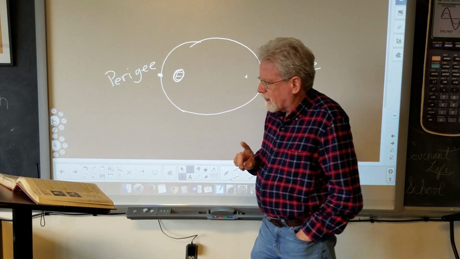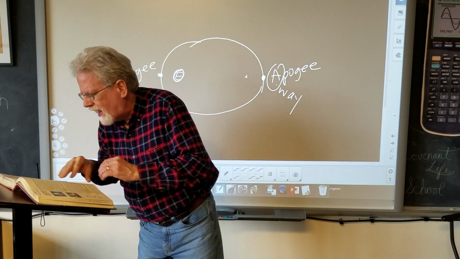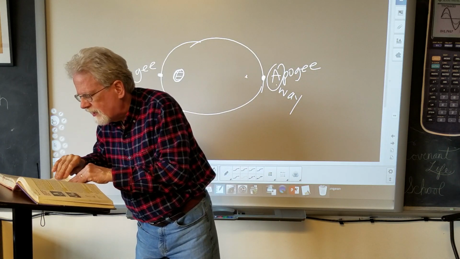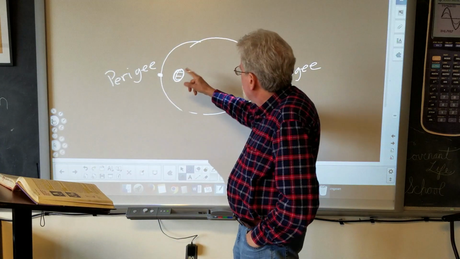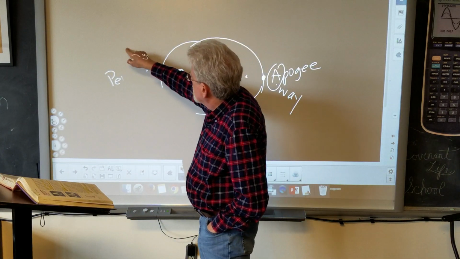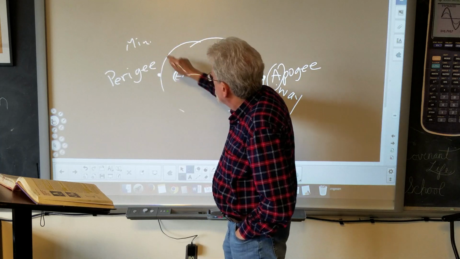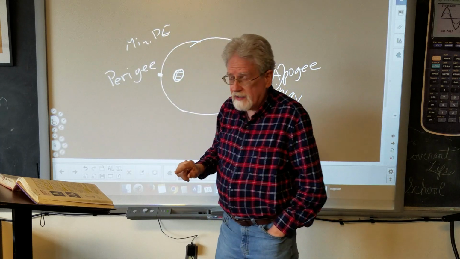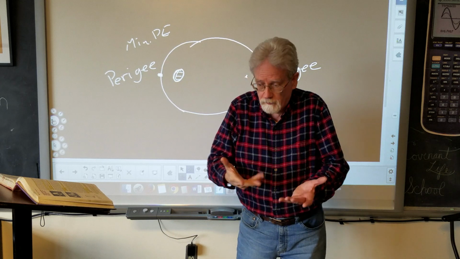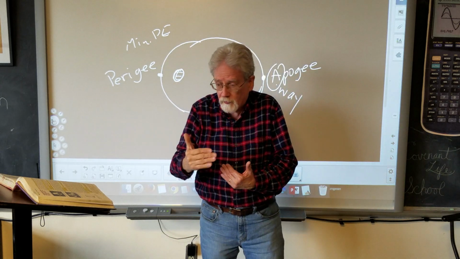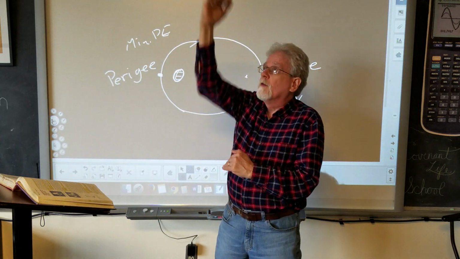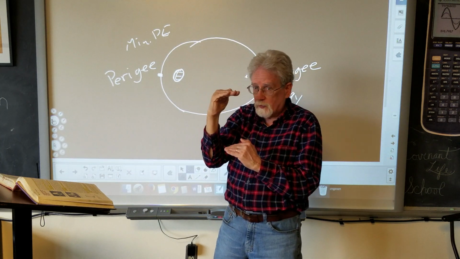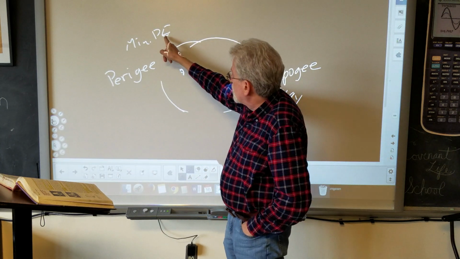At this point, as we discussed in class and as is clearly indicated for you on page 193 in the sidebar, we would have minimum potential energy. Why? Because potential energy is a function of how close it is to the Earth or how high it is. Well, here it's the closest it's going to be. The closer it is, the lower your potential energy. So that's minimum potential energy.